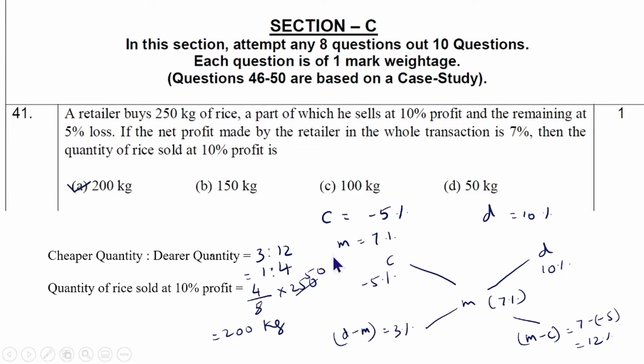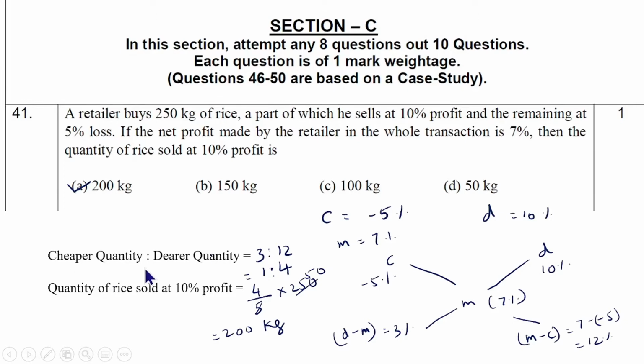So this is a question of allegation or mixture. So using this cross, we are given C is minus 5% and D is 10%, M is 7%. So if we draw this cross here, we will have M minus C, it is 7 minus of minus 5, 12, and here we will have D minus M, which is 10 minus 7, that is 3%.